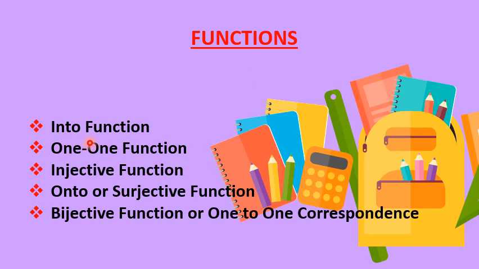Then a function is into if the range is a subset of B. It is 1-1 if there are distinct images of A in B. If a function is both into and 1-1, then it is injective. If the range of the function is equal to set B, then it is onto. And if a function is at a time onto and 1-1, then it is called a bijective function or 1-to-1 correspondence.